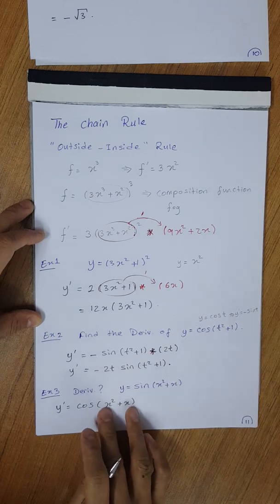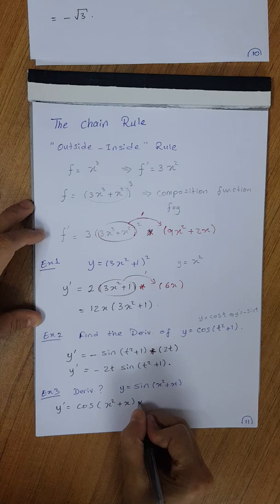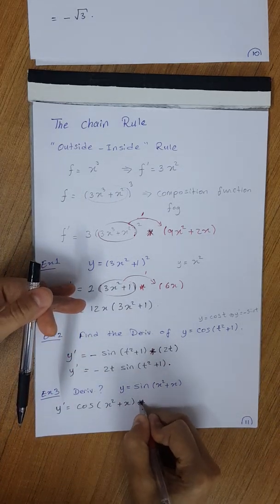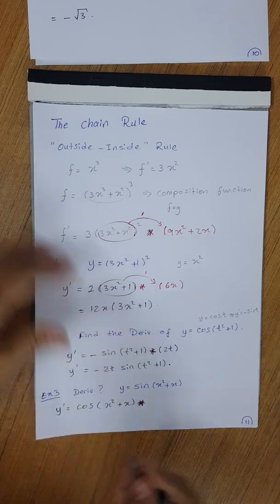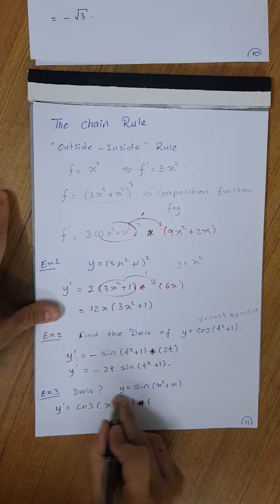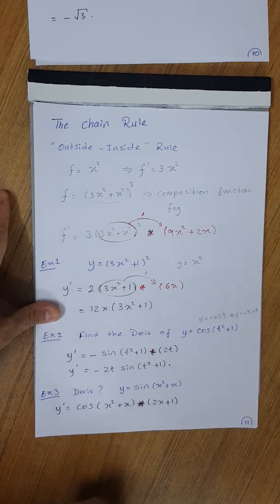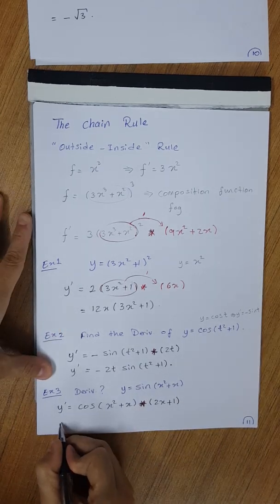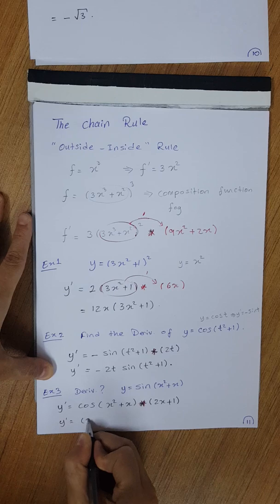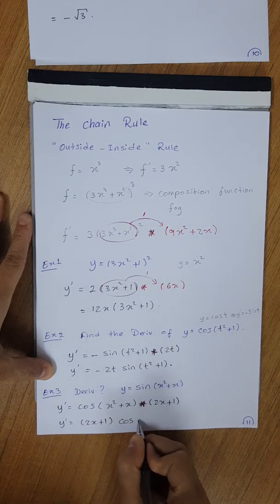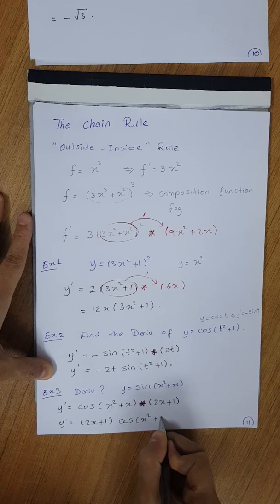But since it is not a simple function, it's not just x, what do we have to do? We have to also multiply it by the derivative of the inside of the bracket. What is the derivative of that bit? It's equal to 2x plus 1.